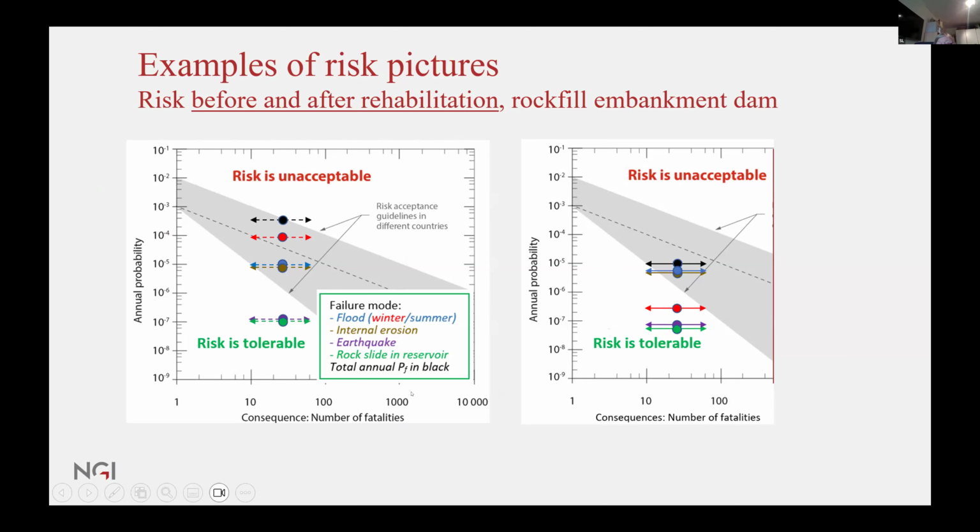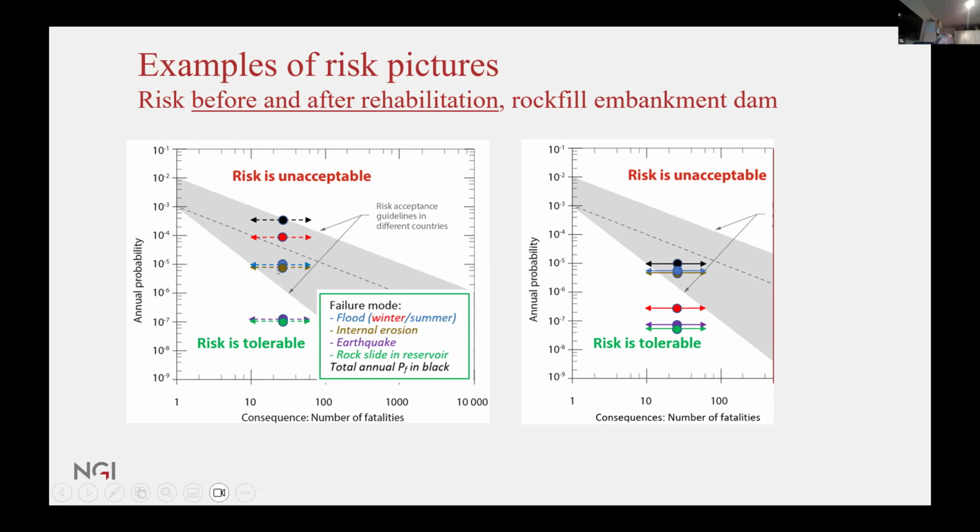And here the consequence, the number of fatalities, the number of people who would lose their life. And for each of the failure modes we looked at flood in the winter and the summer. In the winter, it's when the glacier melts and the snow melts, and there's a lot of water coming in.